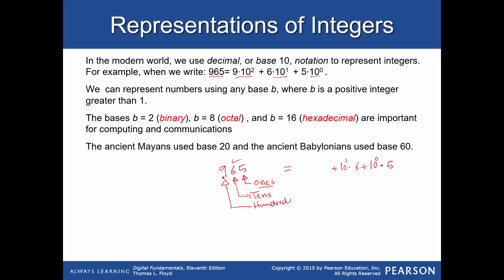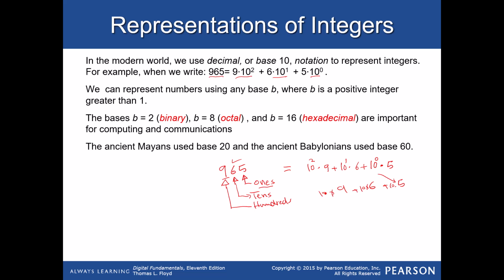And finally, we take 9 and multiply it by 10 raised to the power 2. As you can see, it's very simple. We write the numbers from right to left. We just multiply them by the base, right? And then we add.